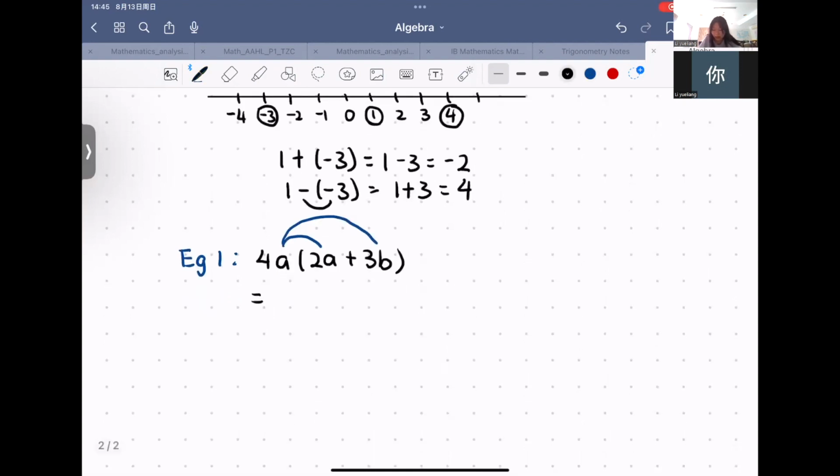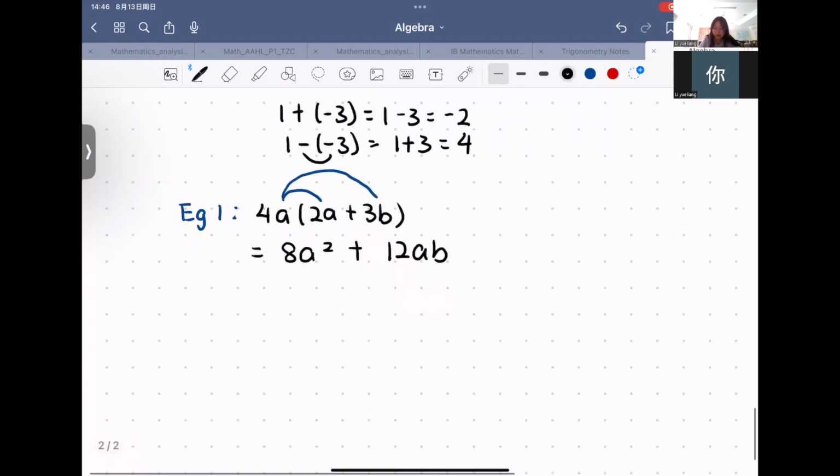So if we expand it, we get the answer of 8a squared plus 4 times 3 equals 12, so 12ab. If you want to further bring out the common factor, you can try, but that's not expansion anymore.